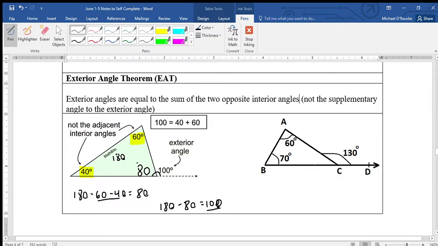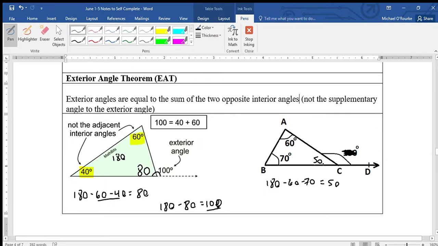And once you see it, it'll save you a step in math. Because hypothetically, let's say this number didn't exist. What you would do is, these two added up, 180 minus 60 minus 70 equals 50. So that means that's 50.